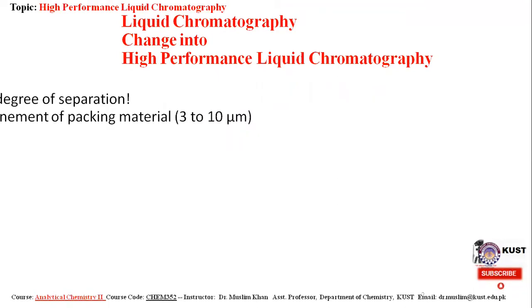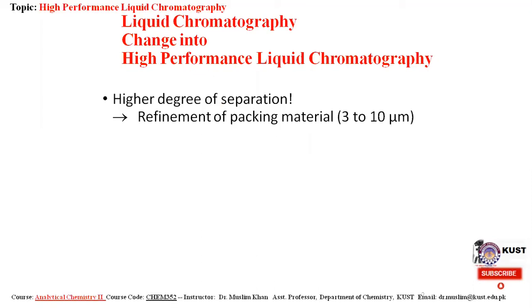Actually, in chromatography, a high degree of separation was needed. For that, refinement of the packing material was needed. So the packing material size was reduced to 3 micrometer, sometimes 5 micrometer, and 10 micrometer.